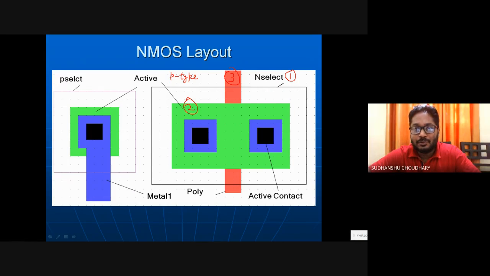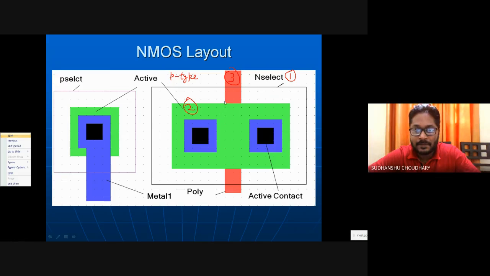You cross your gate or polysilicon line over this active region. Normally, if you want symmetrical source and drain contacts, you pass this poly line through the center of the active region, so that the source and drain contact regions are of the same size. So the capacitances associated with these two regions are also the same. These are called symmetrical MOSFETs.